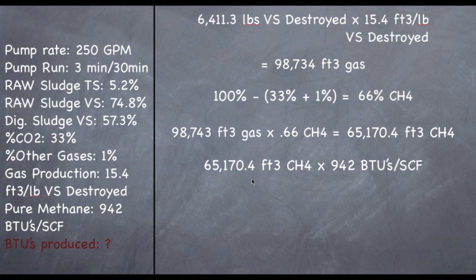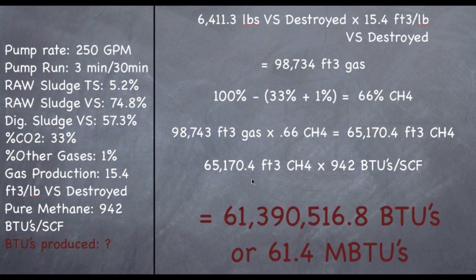Now this is going to come out to a rather large number, so I've rounded it to sort of an MGD figure. I came out with basically 61,390,516.8 BTUs. But if you divide that all by a million, you'll just have 61.4 MBTUs, which would be million BTUs, just like our normal MGD calculation that we do all the time.